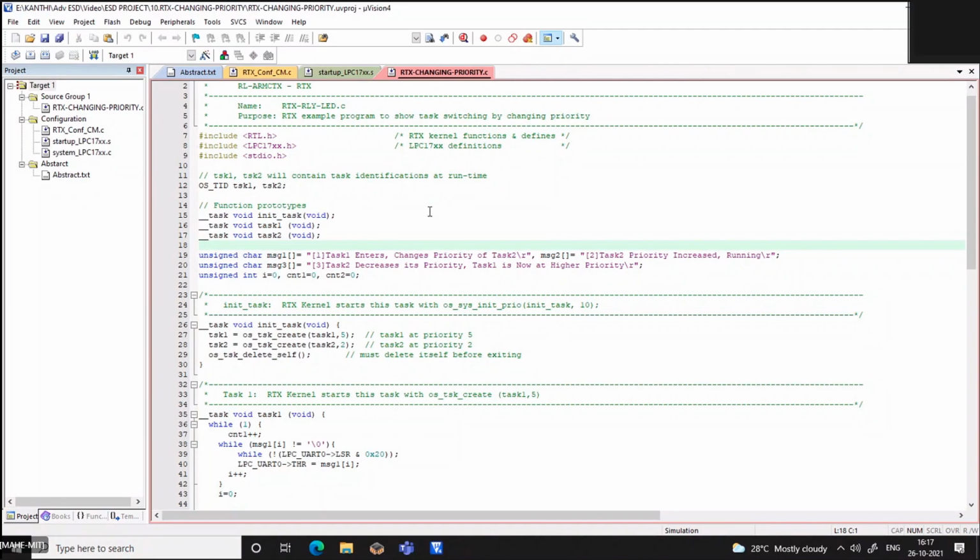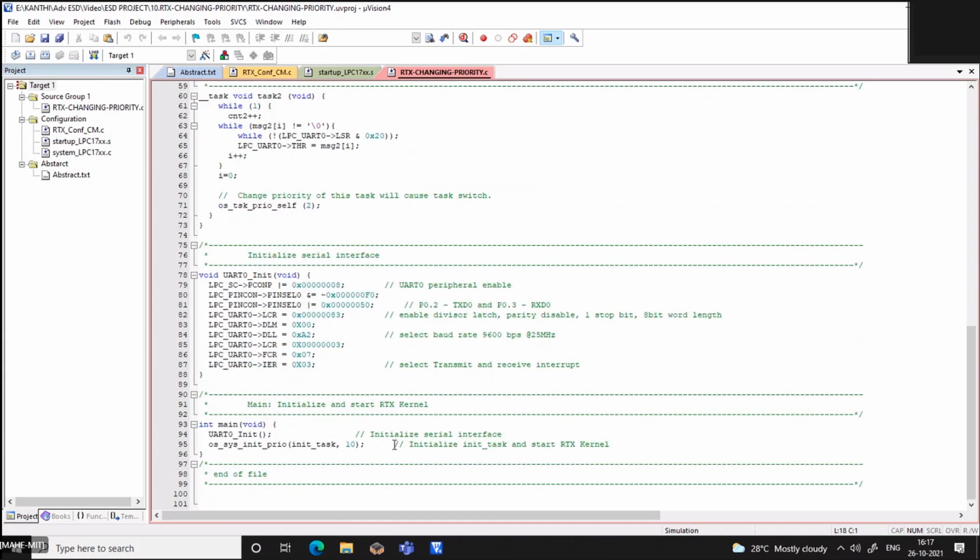So let me begin with the main program. In the main, I have used the messages, for which I need to initialize the UART. Since I have already discussed the UART and the supporting initialization code, I hope you are familiar with it.